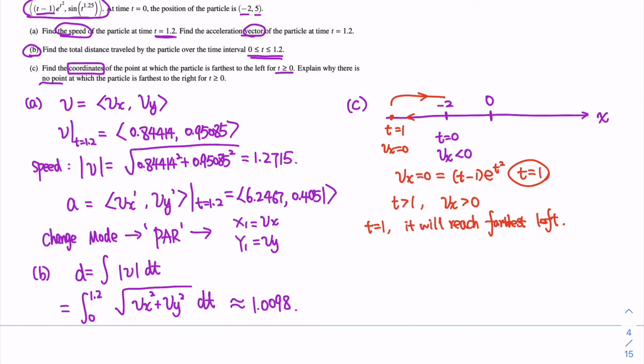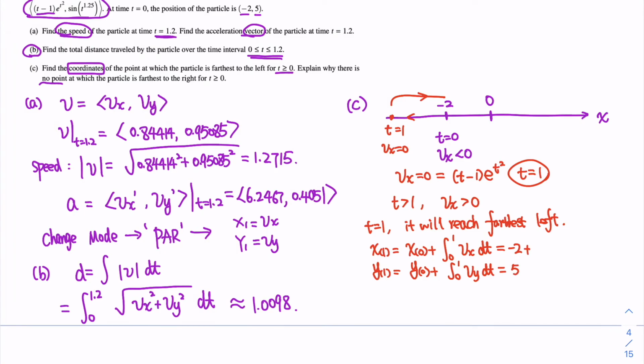Now we want to find the coordinates of the particle at t equals 1. So at t equals 1, x of 1 equals x of 0 plus the integral from 0 to 1 of vx dt. y of 1 equals y of 0 plus the integral from 0 to 1 of vy dt. We plug all the values in, -2, this is 5. So use our calculator.